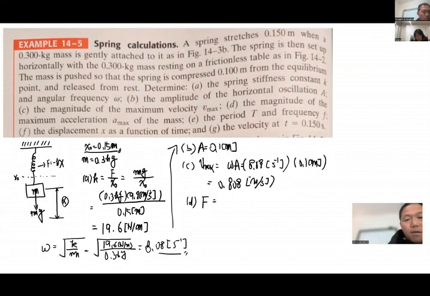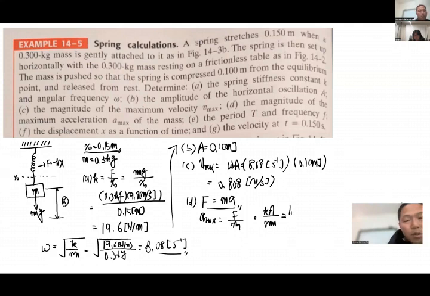Now question D. F is ma from Newton's law. So the maximum acceleration should be force divided by mass. The force is k times the maximum displacement A out of Hooke's law, and that should be divided by mass m.